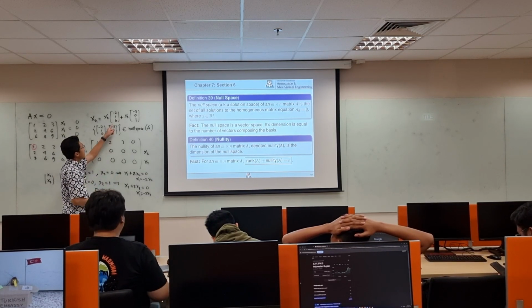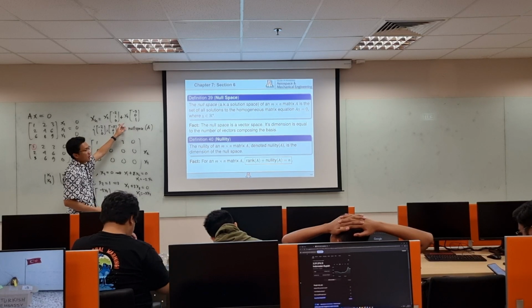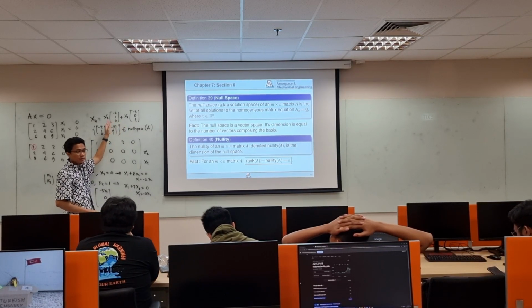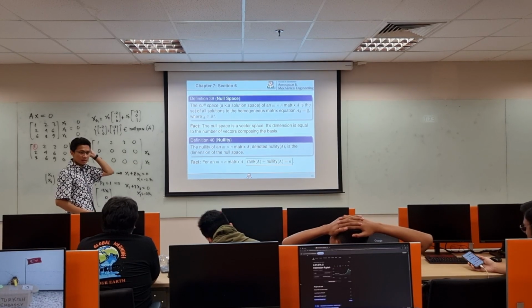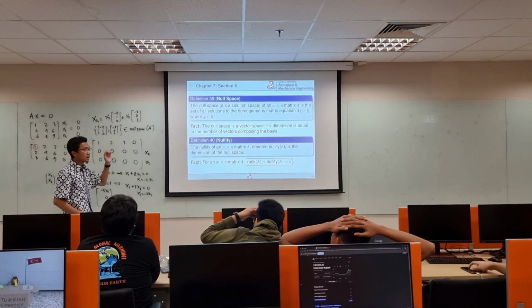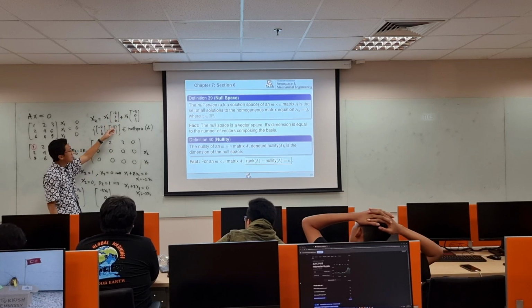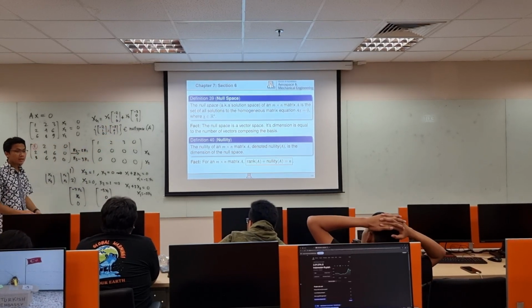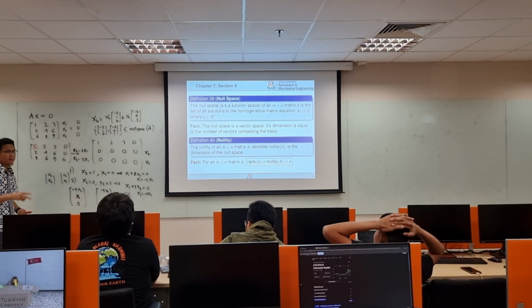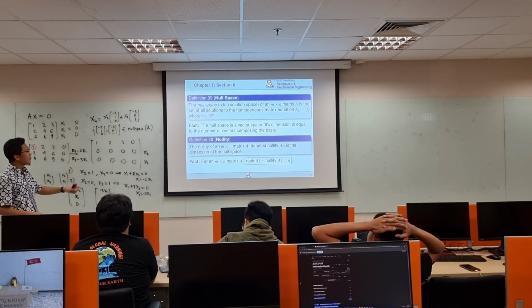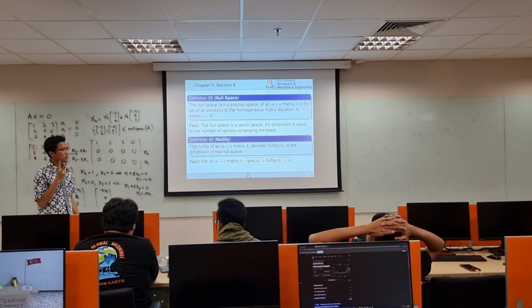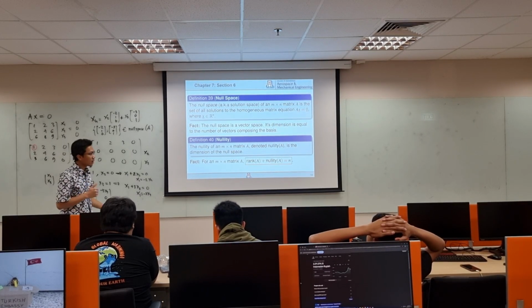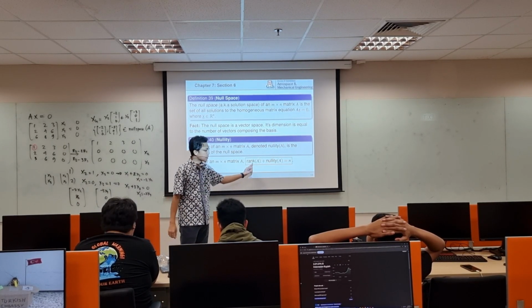So in this null space, how many vectors form the basis for this null space? How many vectors compose the basis for the null space? 2 vectors. Which is why the dimension of the null space of this matrix is 2. And the rank of A, just now we mentioned what? 1, yeah.